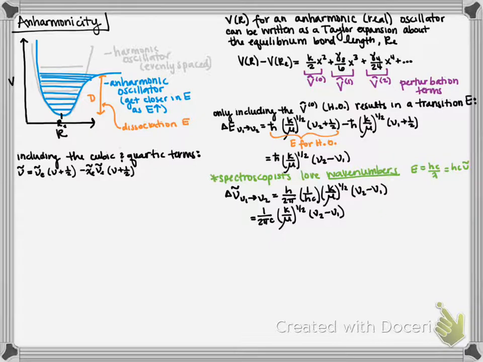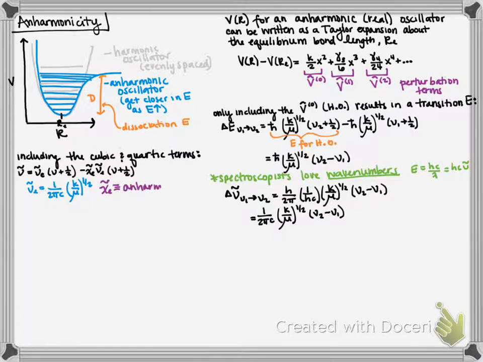Nu, this time nu is our quantum number plus 1/2, minus x sub e tilde, nu sub e tilde, times nu plus 1/2, where again this last nu that doesn't have a tilde is our quantum number. So nu sub e tilde is our constant, 1 over 2 pi c, square root of k over mu. So that first term is actually just the harmonic oscillator result for wave number.